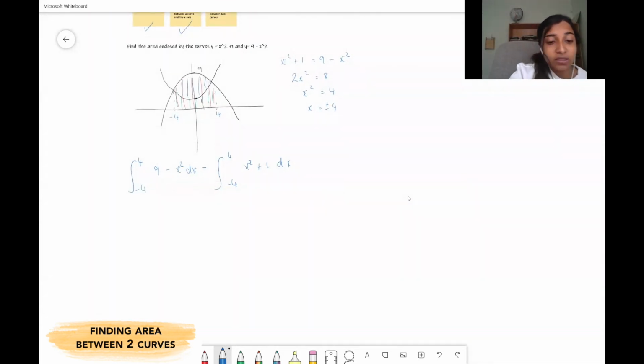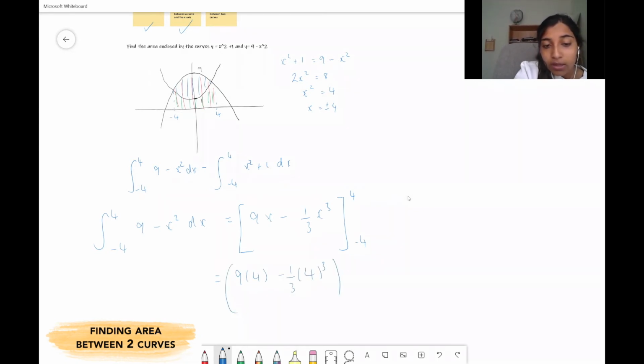So if we start off with the area between 2 and minus 2 of 9 minus x squared dx. So if we integrate this normally, we would get 9x minus a third x cubed, and then we can do that between 2 and minus 2, and we get that is equal to 9 times 2 minus a third times 2 cubed minus 9 times minus 2 minus a third times minus 2 cubed.